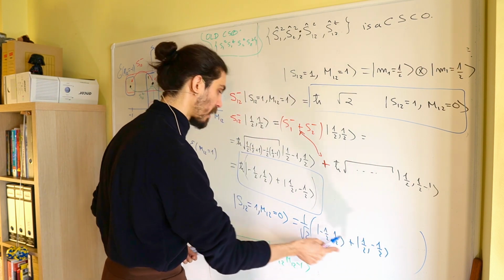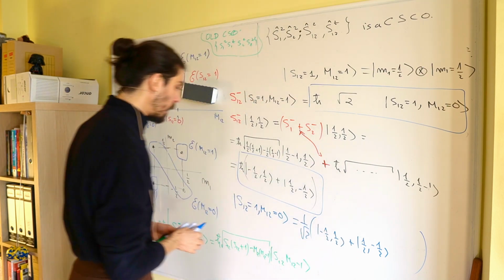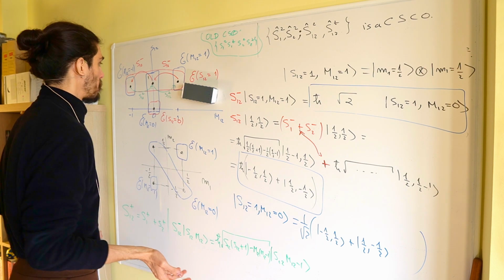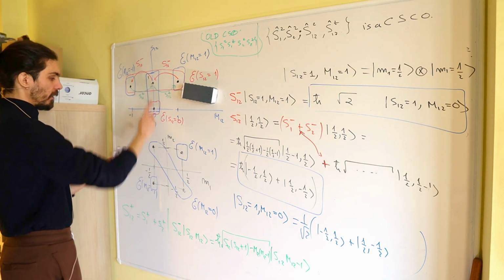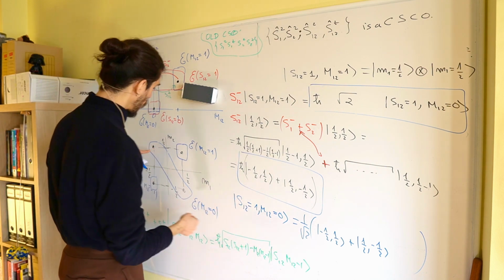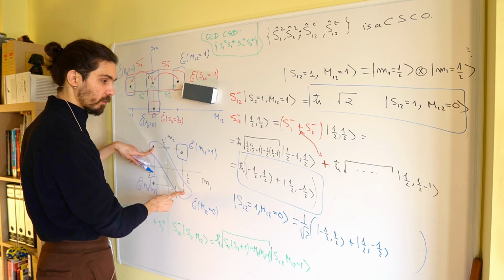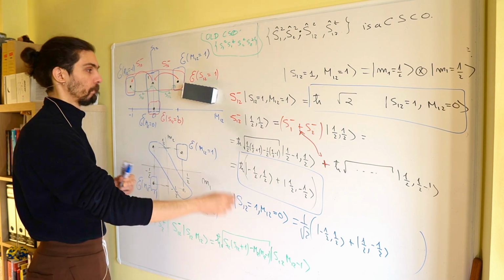What you have here is what you have here. Okay? Can you see? So that's it. This second state here is a special linear combination of these two states. Namely, you want 1 over square root of 2 of this one and 1 over square root of 2 of that one. That's it.